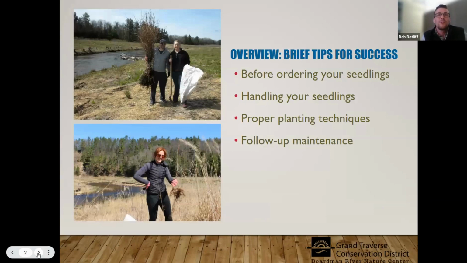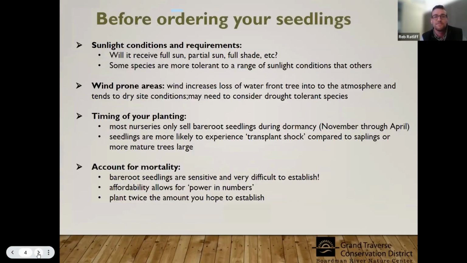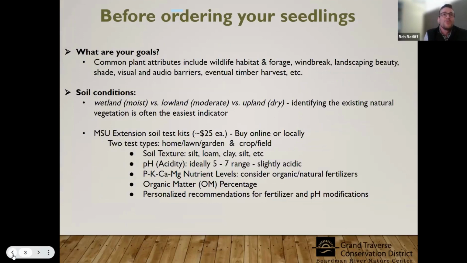The four things I'm going to go over are before ordering your seedlings, handling your seedlings, proper planting techniques, and then some follow-up maintenance. Next slide, please. So, before ordering your seedlings, what are your goals?